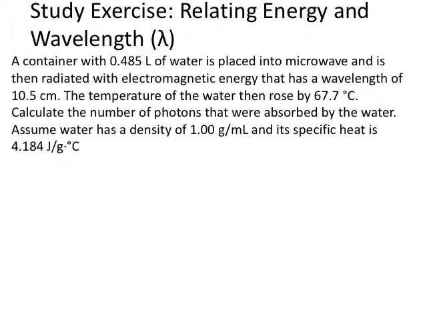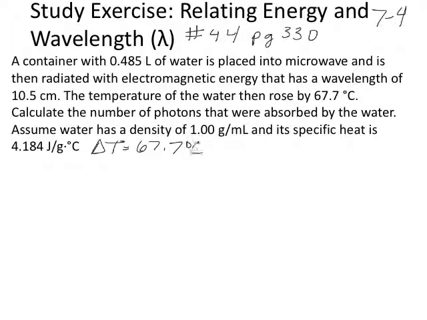This is problem 7-4. Okay, this problem is similar to problem number 44, page 330 in your TRO book. So when you look at this problem, you start reading it, you start writing down some variables you're given. You're given a delta T of 67.7 degrees Celsius.